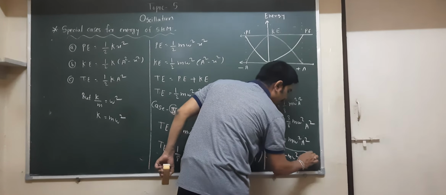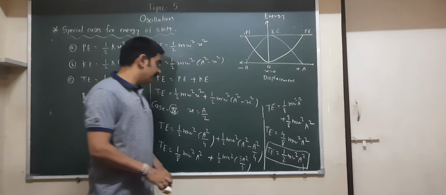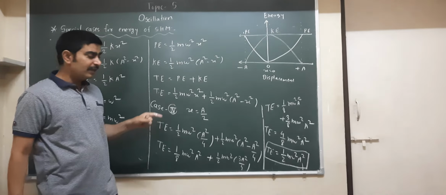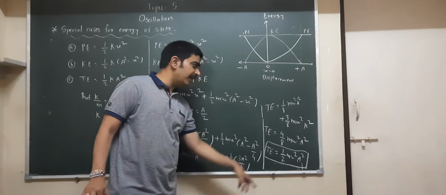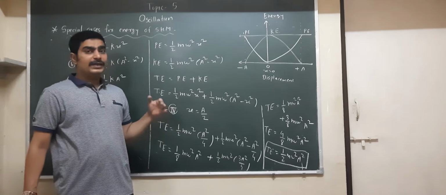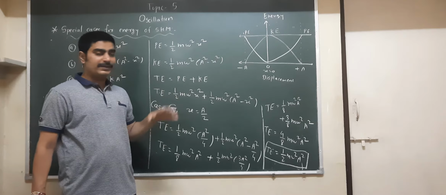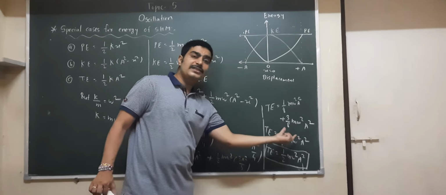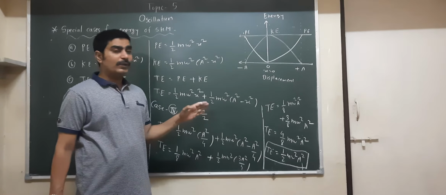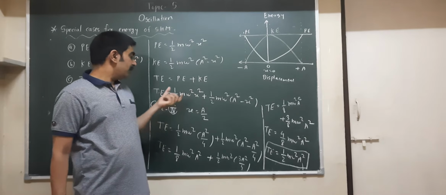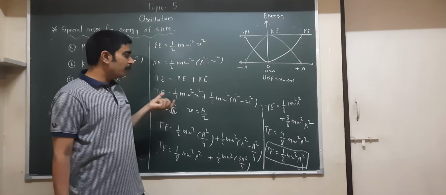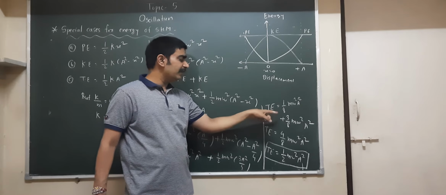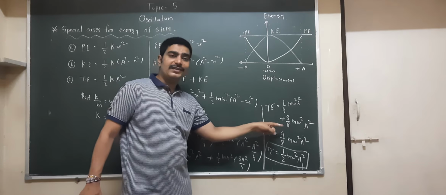This is the important formula which you have derived: if x is equal to a by 2, what is the total energy? Half m omega square a square. But friends, if we want to write in terms of percentage, then we can say that this is 25% and this is 75%. The total energy formula is half m omega square a square, so if we divide by the half, here we get 1 by 4, and here we get 3 by 4.